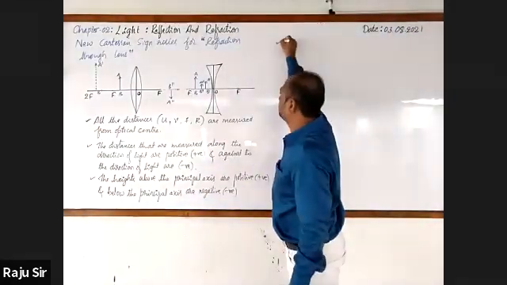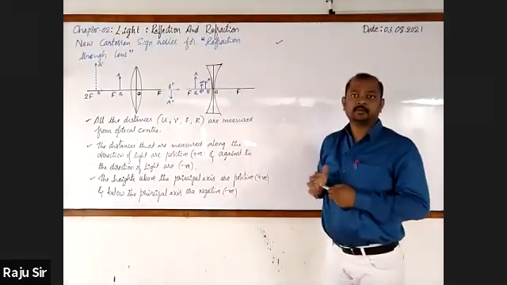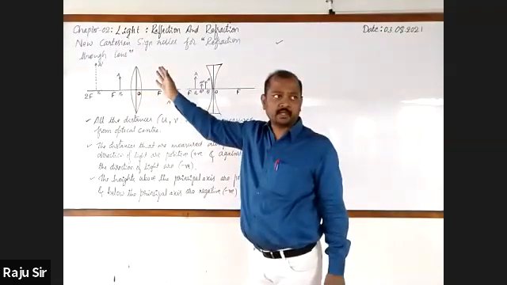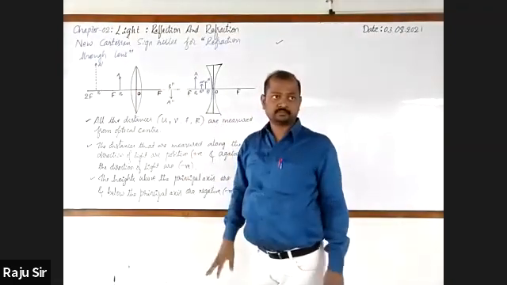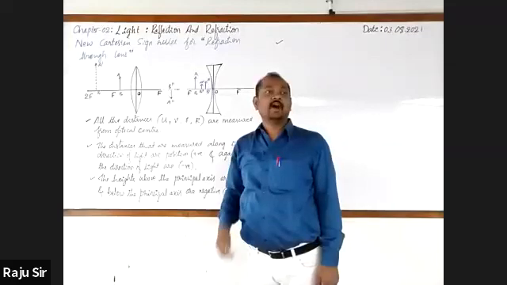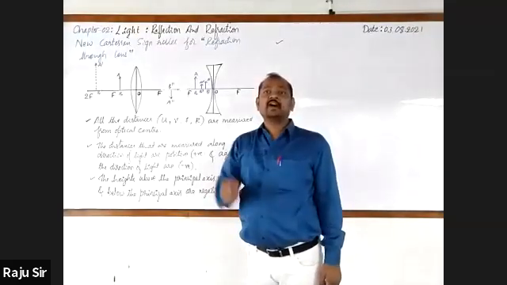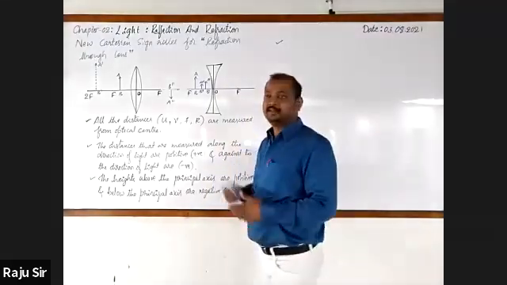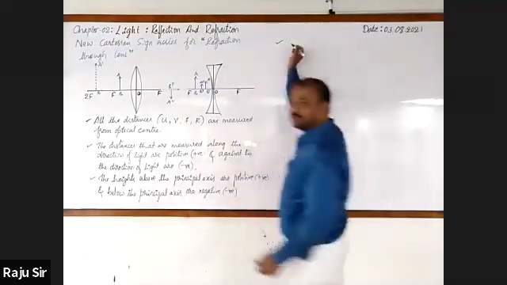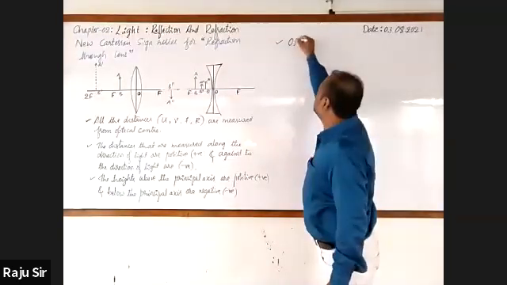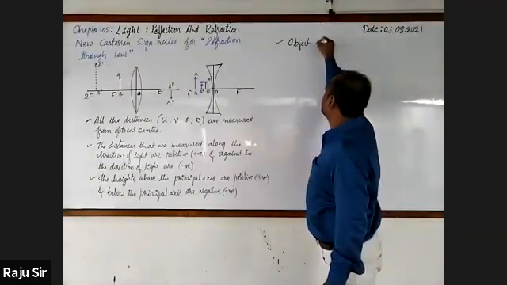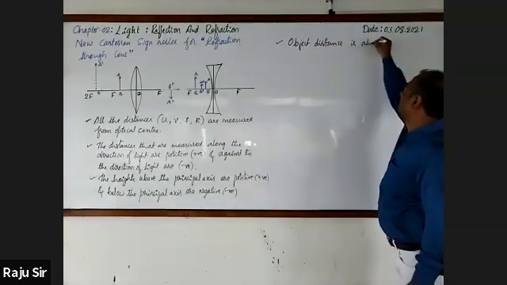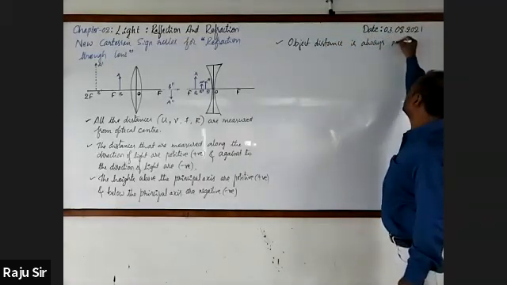Next. Observe. What is the object distance? Positive or negative? Or both? Object distance is always negative.